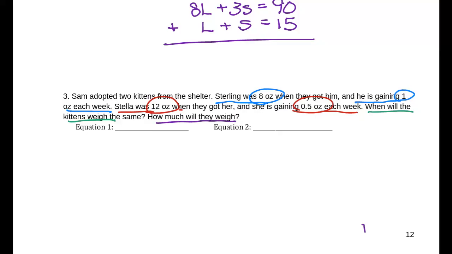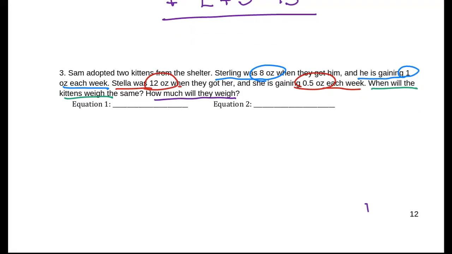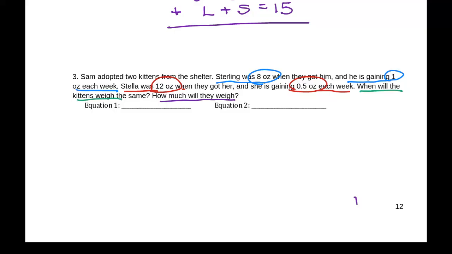All right. When will the kittens weigh the same? How much will they weigh? Any ideas on this one about how to set this up? There should be 2 things we're talking about, and if you look at your questions, that's kind of what we're talking about.